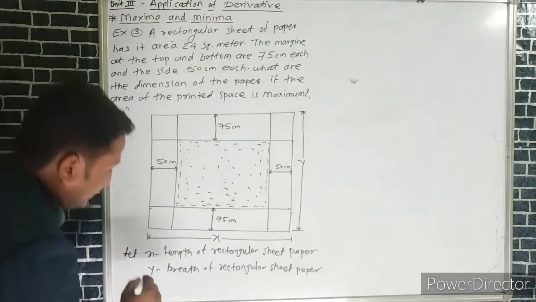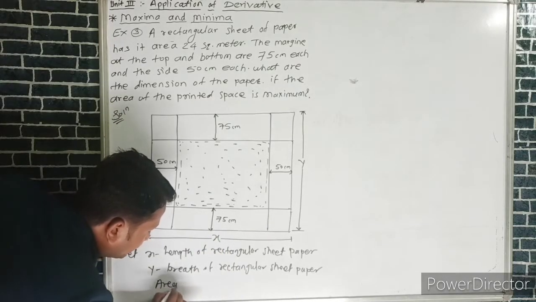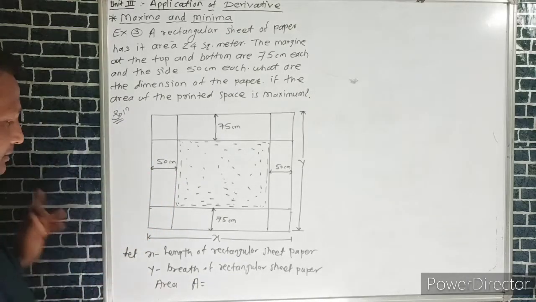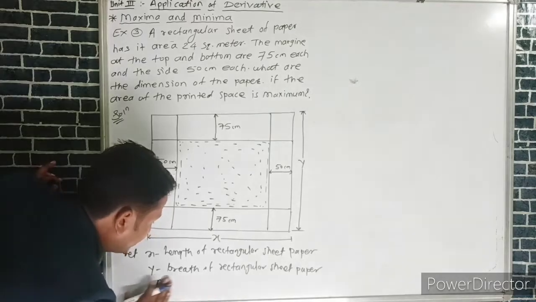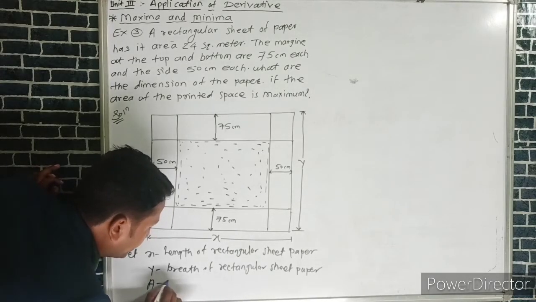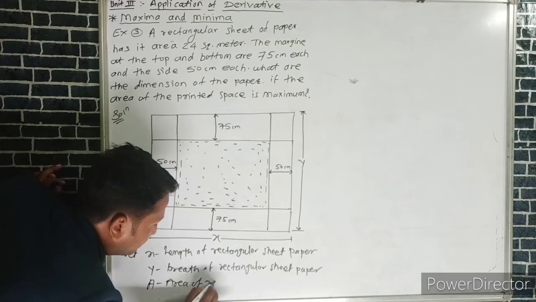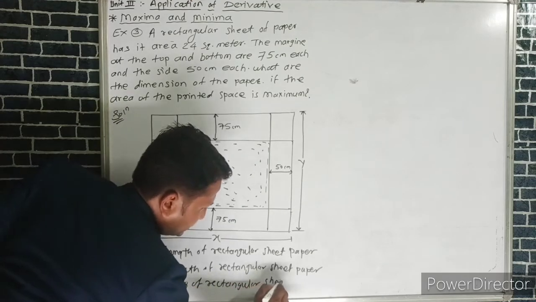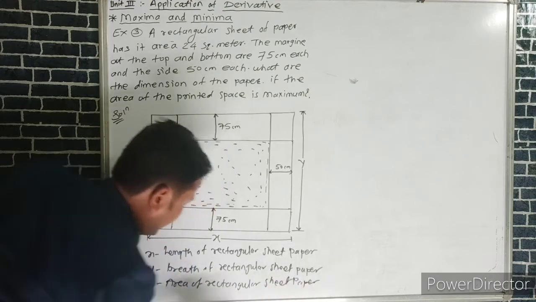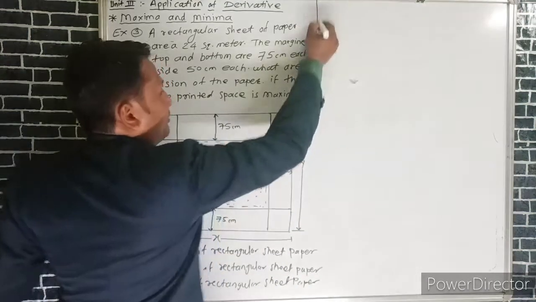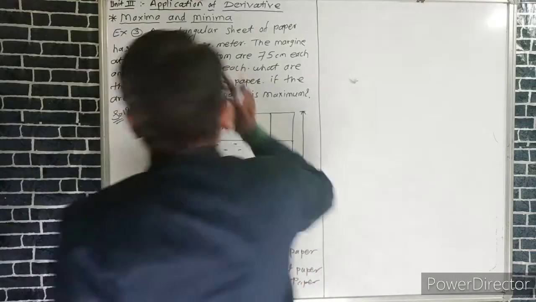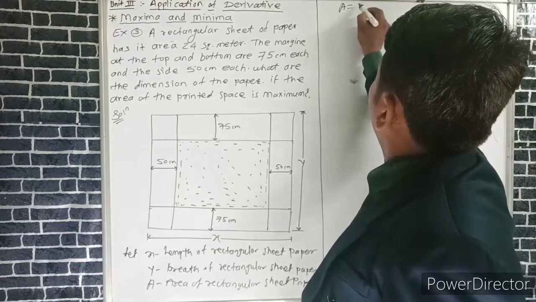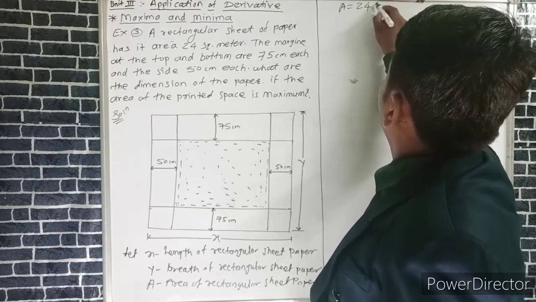Let A be the area of the rectangular sheet paper, so A is equal to 24 square meter.